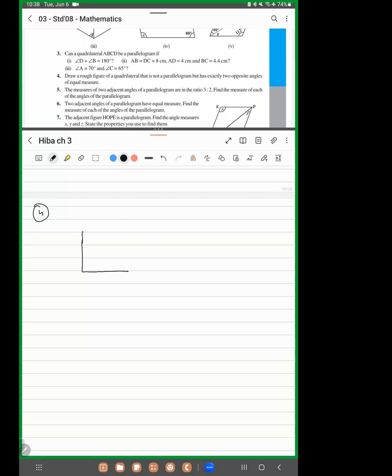It can be a rectangle, I tell you. Okay, I have an idea.